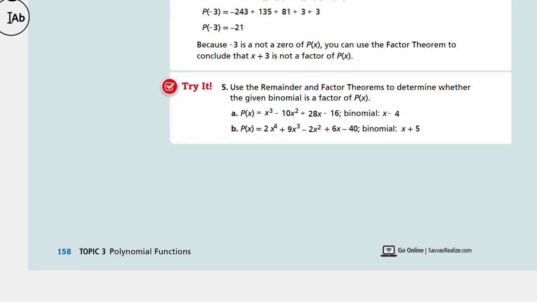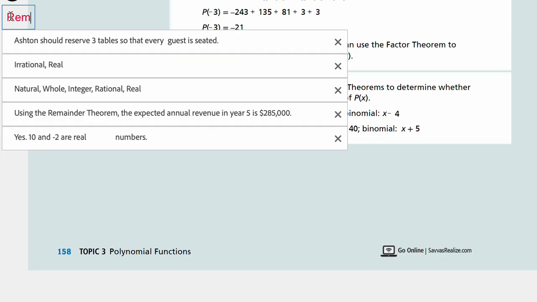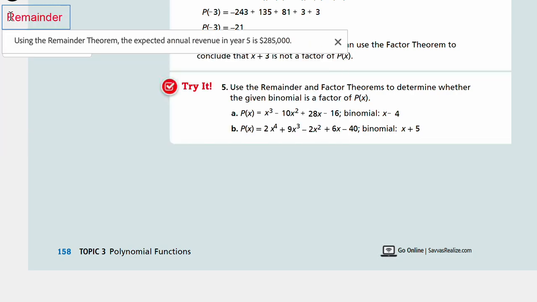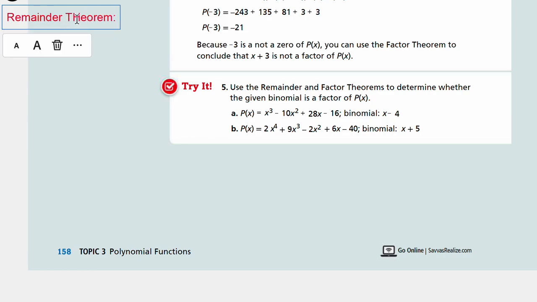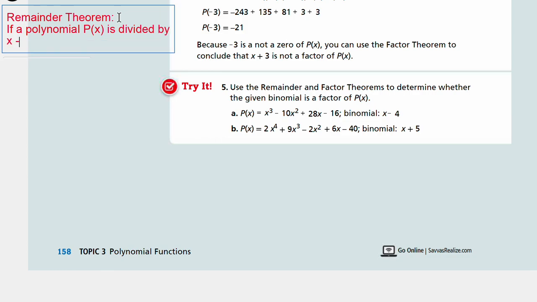Before we move on, I just want to make sure that you know what each theorem is. Remainder theorem: the remainder theorem says that if a polynomial p of x is divided by x minus a, the remainder is p of a.